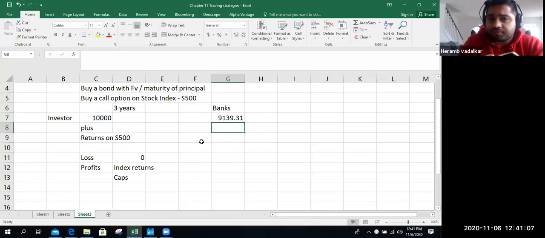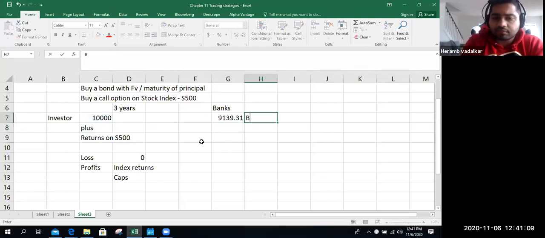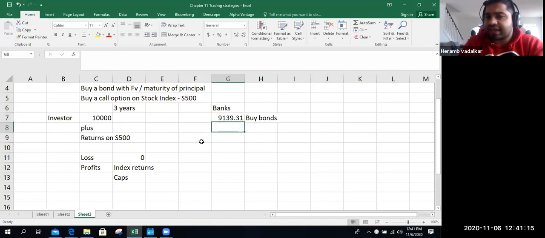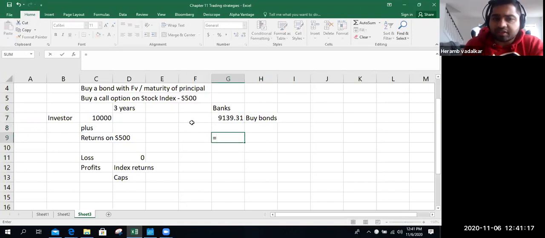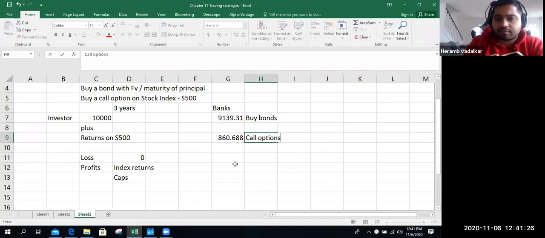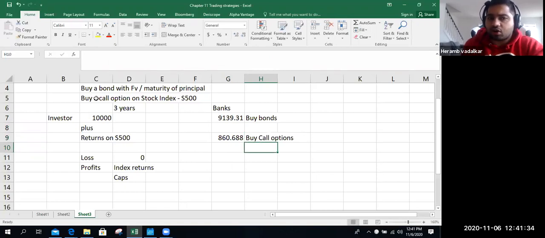So it will buy bonds worth 9139, and the difference between the two it will use to buy call options.